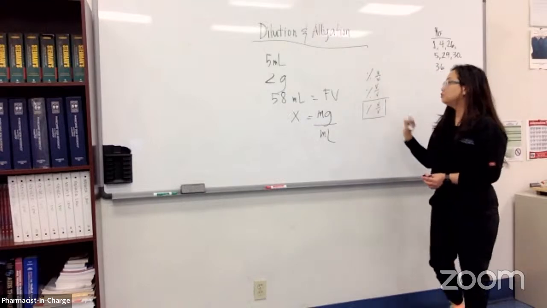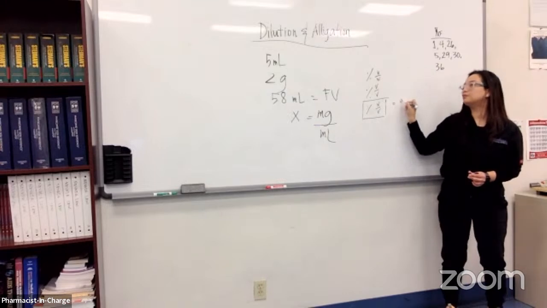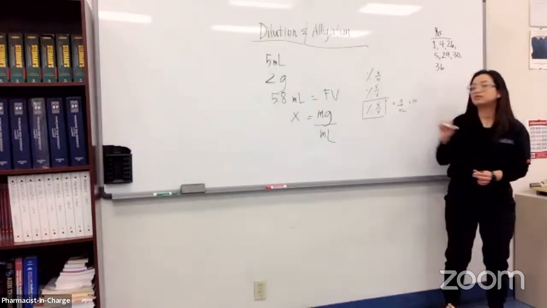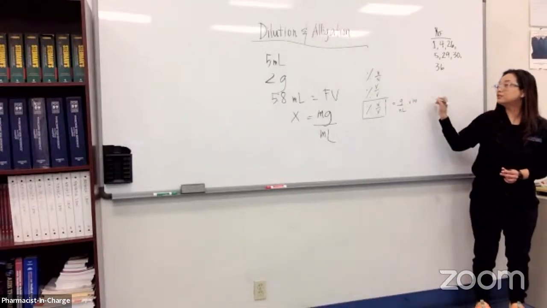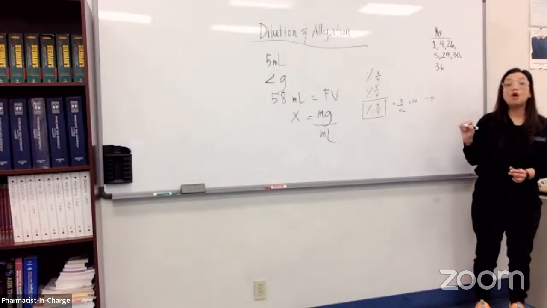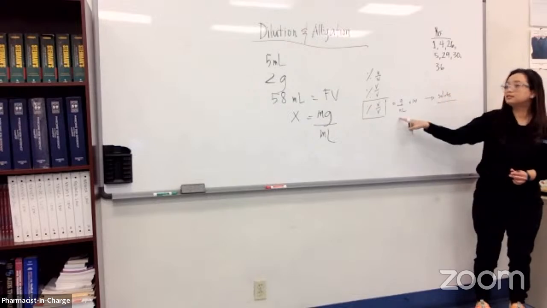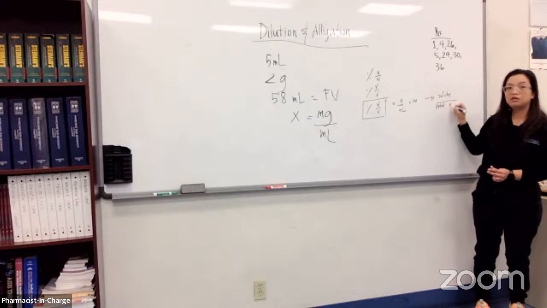Your weight will always be in grams over ml, times 100 to get the percentage. The solute will always be the numerator, and the ml at the bottom will always be the total solution.